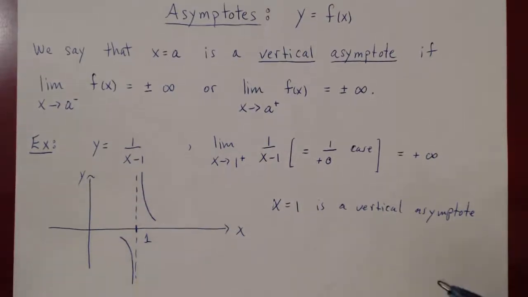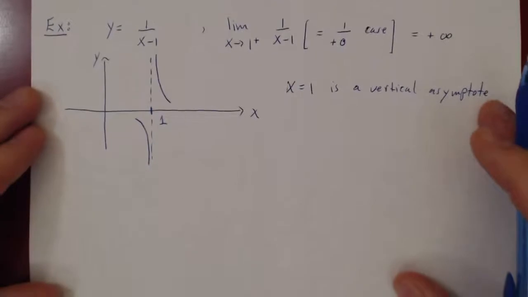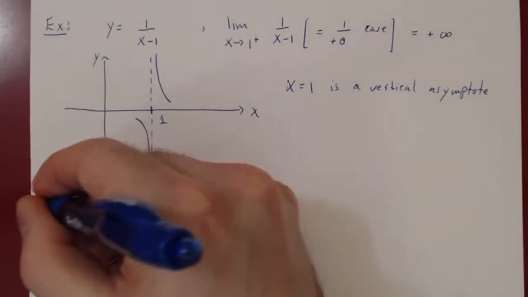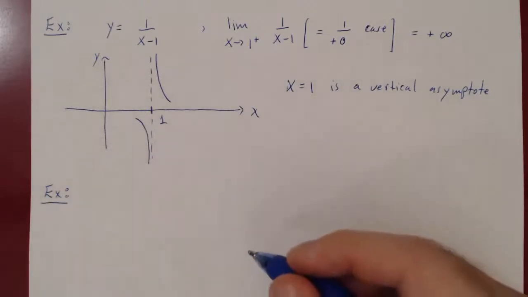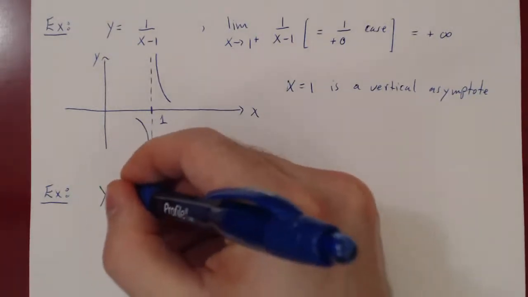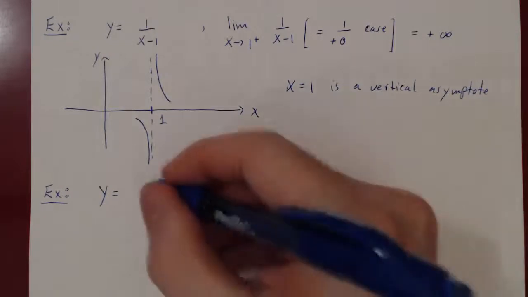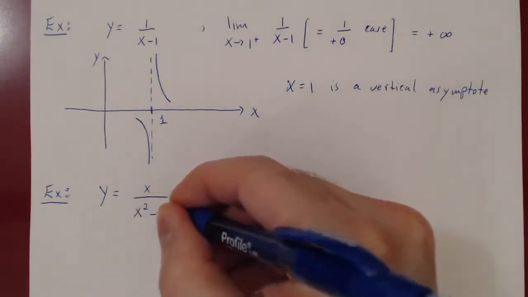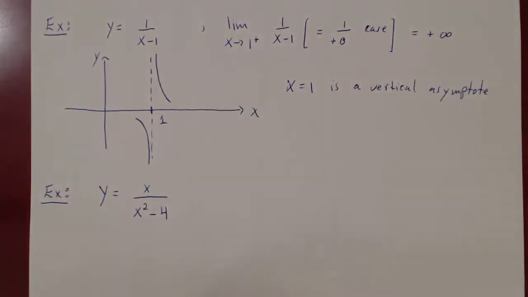Let's look at an example where the function will have two vertical asymptotes. So let's say the function y is equal to x over x squared minus 4.